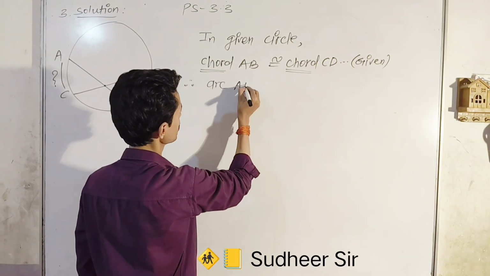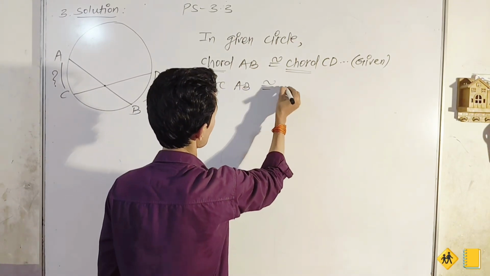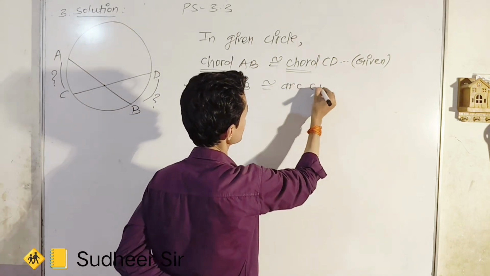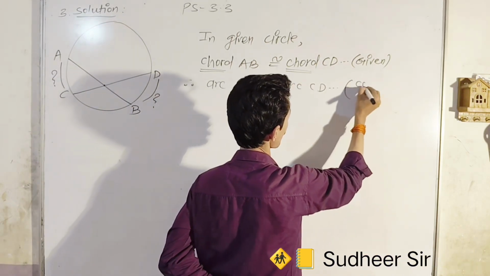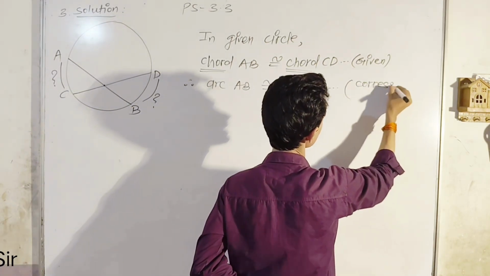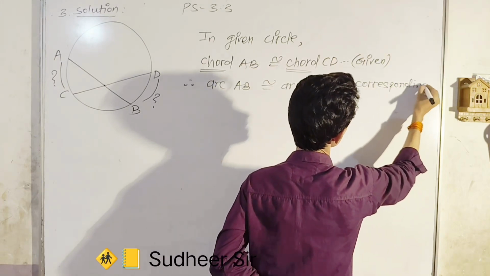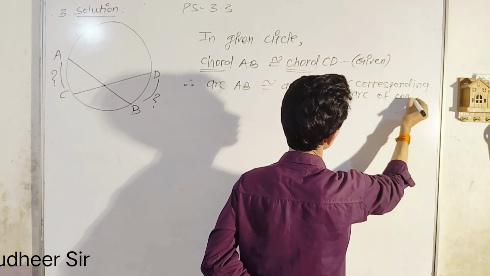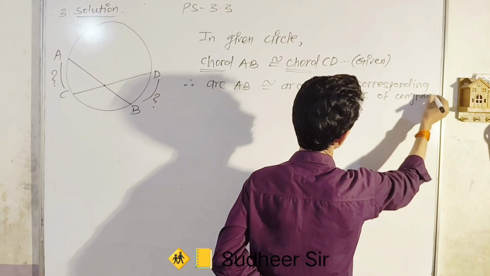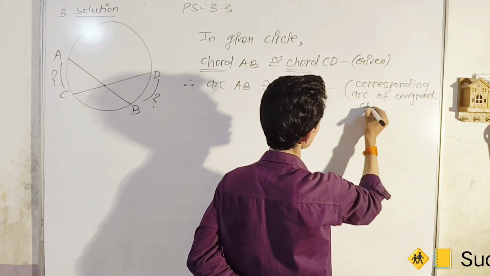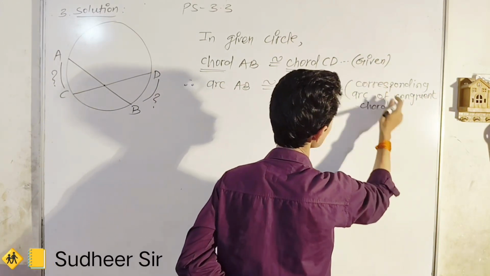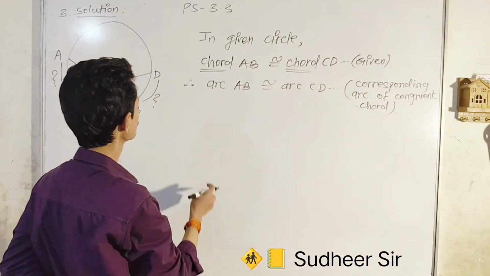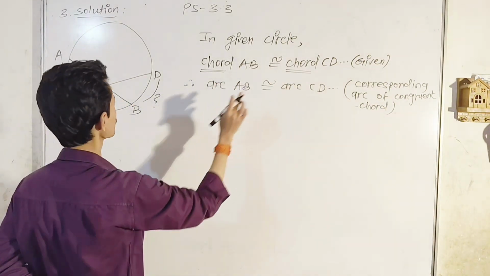Arc AB is congruent to arc CD, because of the corresponding arcs of congruent chords. With the help of this property we got the proof for the arcs.